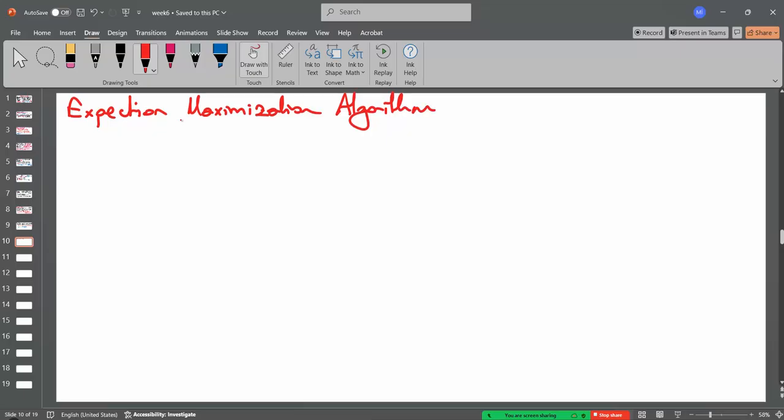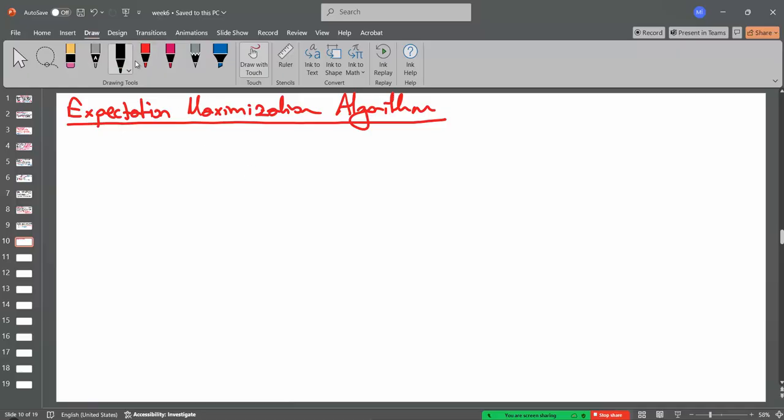Just look at the name of these terms: expectation maximization algorithm. We want to maximize the expectation values of the Gaussian components.